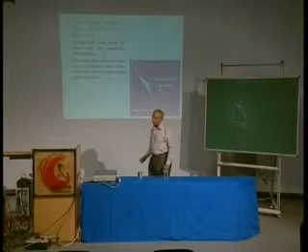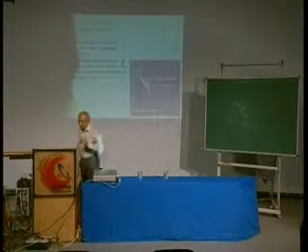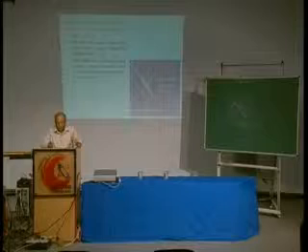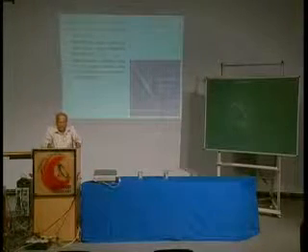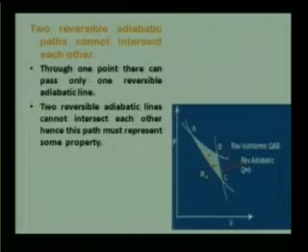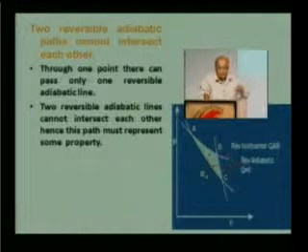There is only one heat source and work is being obtained, and as such this arrangement would violate the second law of thermodynamics, and therefore our assumption that two reversible adiabatic paths can intersect each other is not valid.